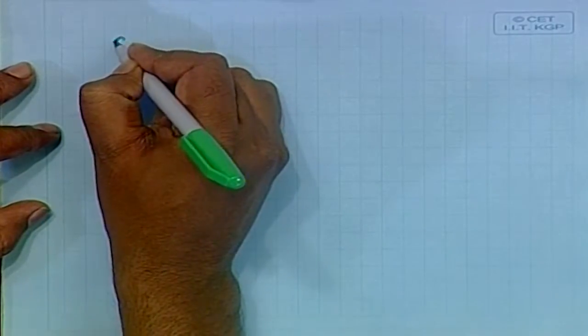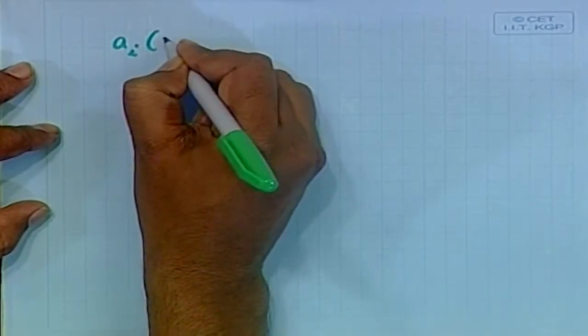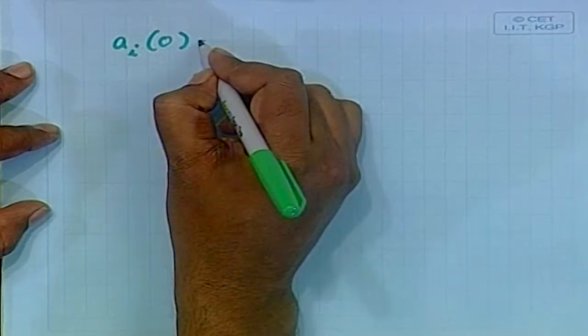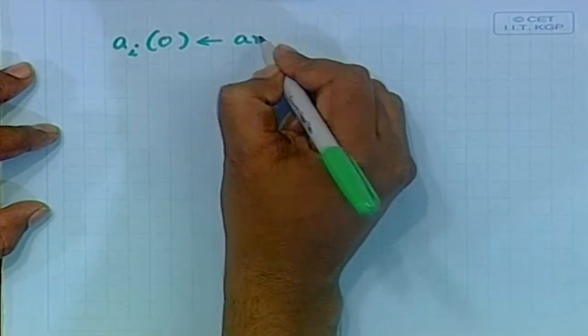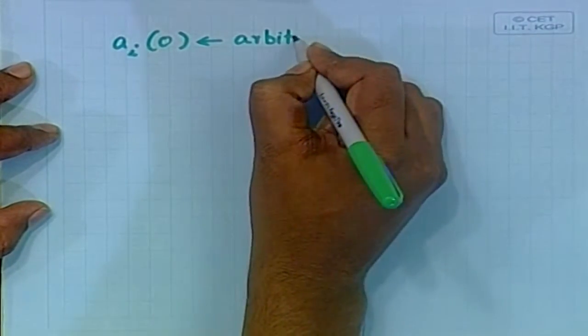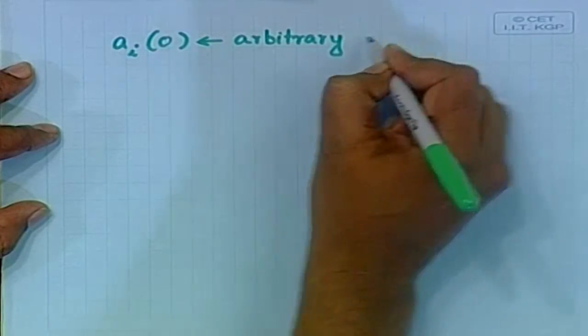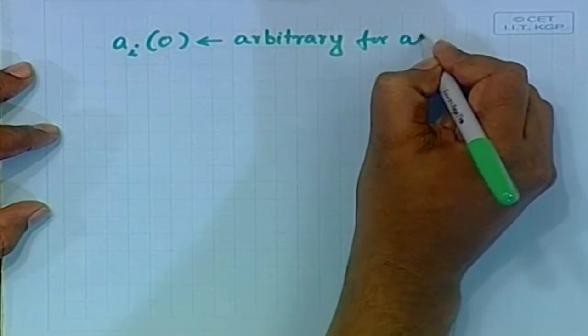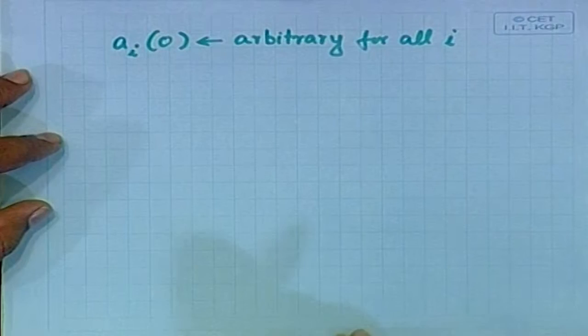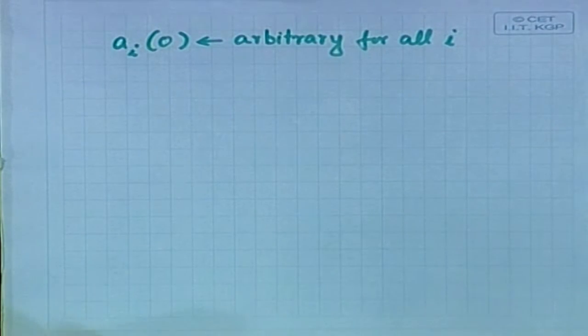Initially, I assume that ai 0 is arbitrary for all i. That means, for every class, I assume an arbitrary weight vector initially, right?